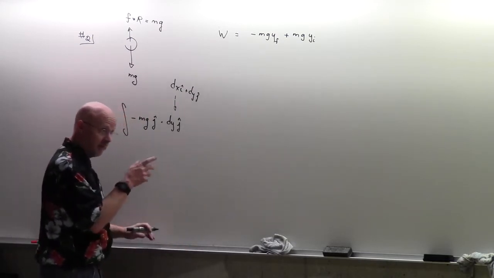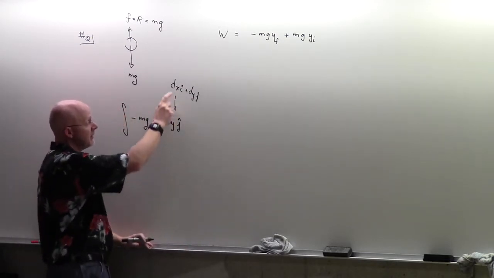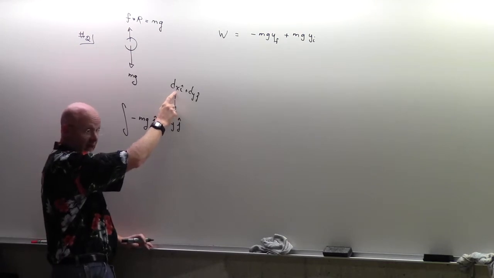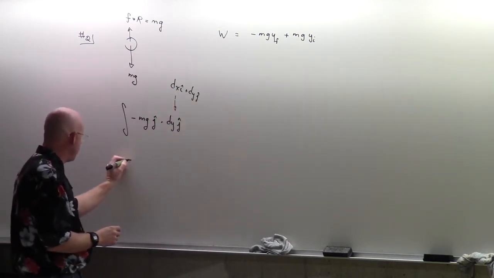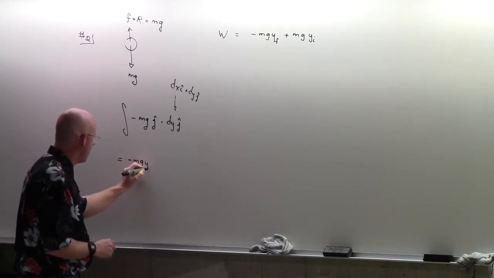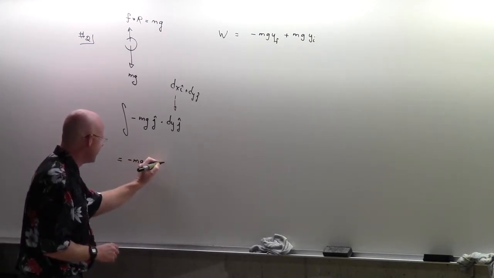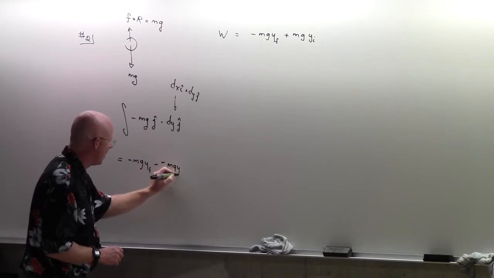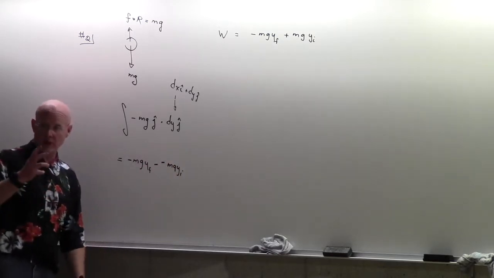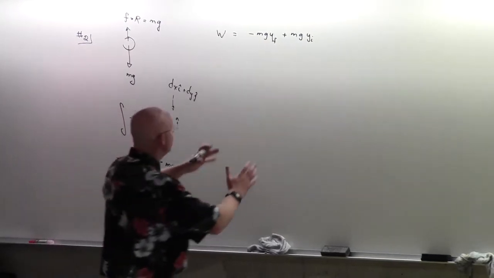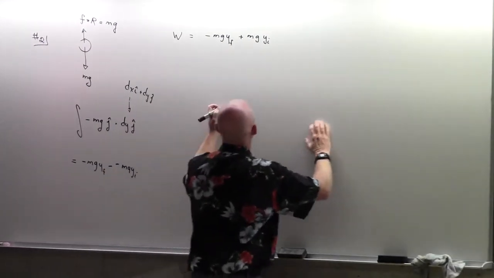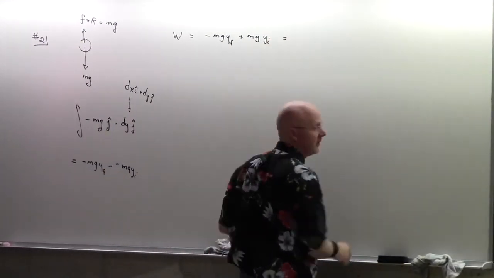But as we argued on Monday, the dot product made the i term, the x term, go away, and we ended up with a minus mgy final minus a negative mgy initial. And there I said I wouldn't do the integral again, and I just did it. Okay? But coming back to the end results here, I can then solve this.